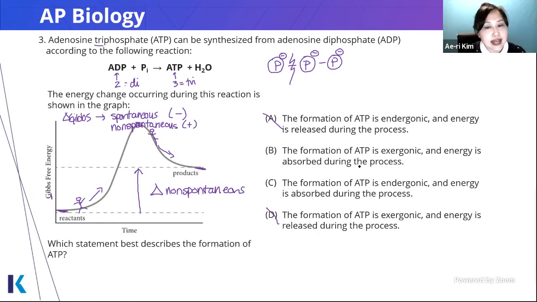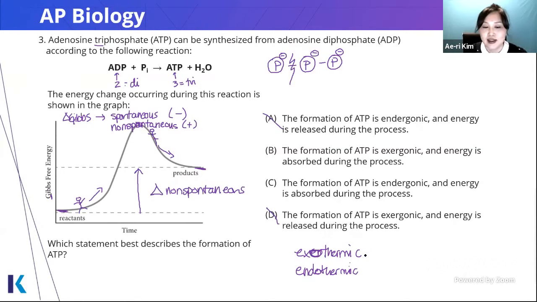So what do endergonic and exergonic mean? Let's use a little bit of word roots to figure this out. You've heard of terms like exothermic and endothermic, right? Exothermic and endothermic is not the same thing as endergonic and exergonic, but they have similar roots.